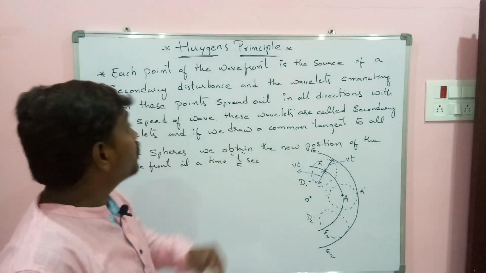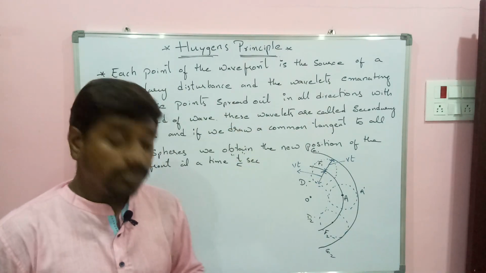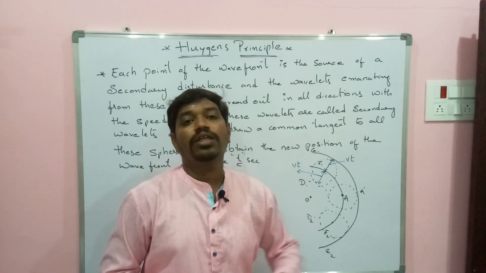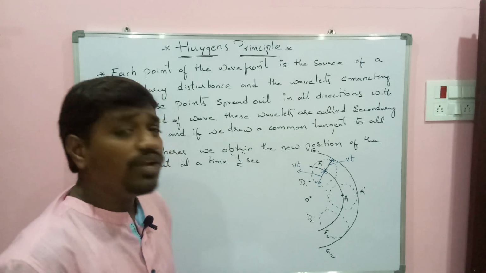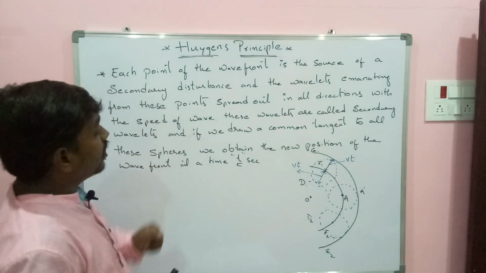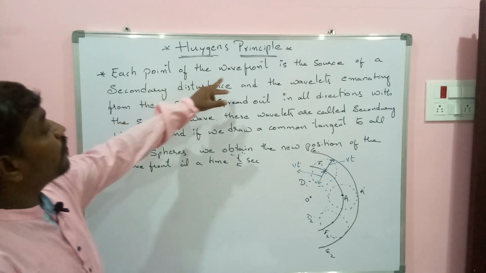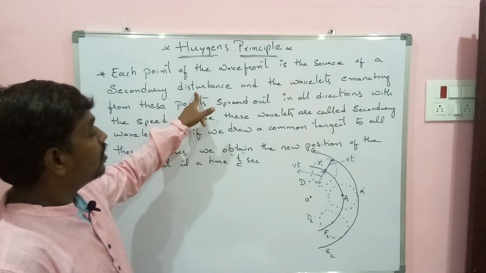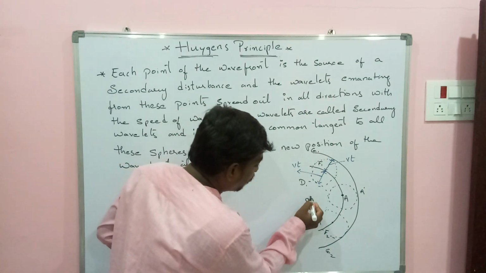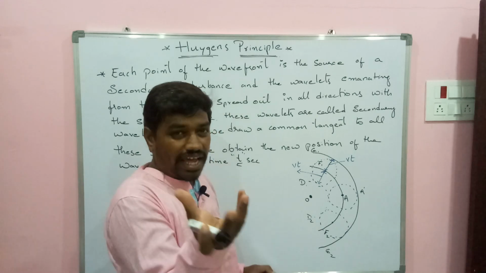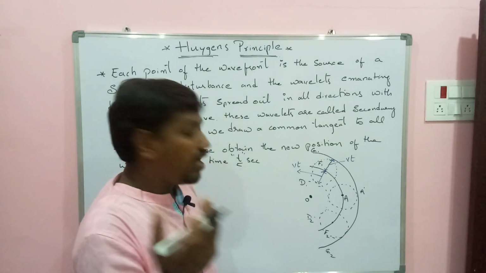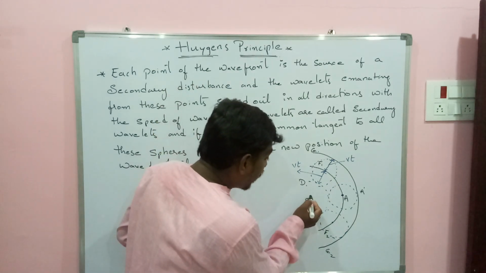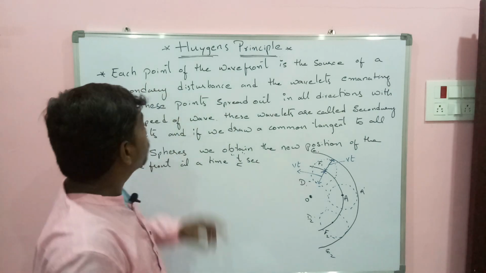If you come to Huygens principle, it clearly demonstrates how a wave advances from one place to another. If you look into the definition, each point of the wavefront is the source of a secondary disturbance. Consider the point O as the main source, a light or illuminating body, or we can consider the sun as the main source.